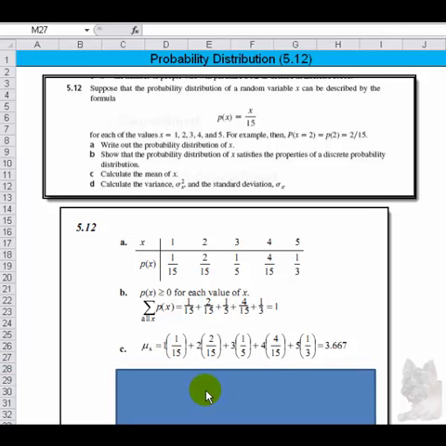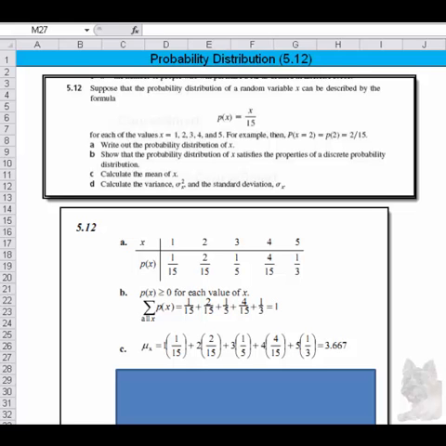What you see is we multiply 1, where the variable x is equal to 1, times the probability of x. Then we add in 2 times the probability of x when x is 2, and so forth. When you're done, we've got a mean of 3.667.